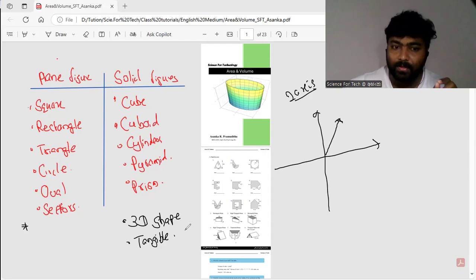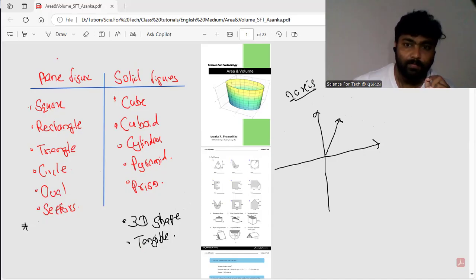That's why we call it a 3D shape, three-dimensional. If it has two axes, it's called two-dimensional. Here we have three axes.